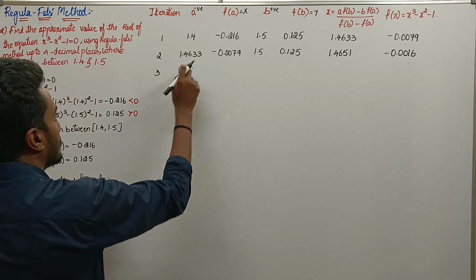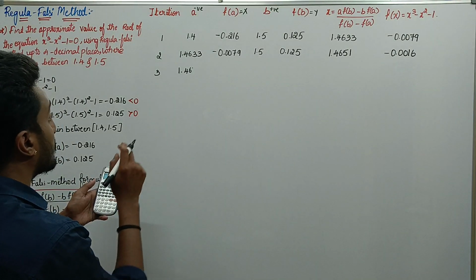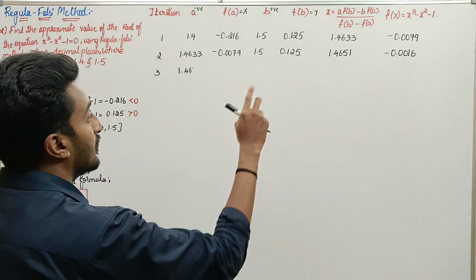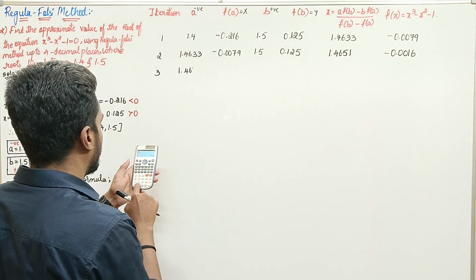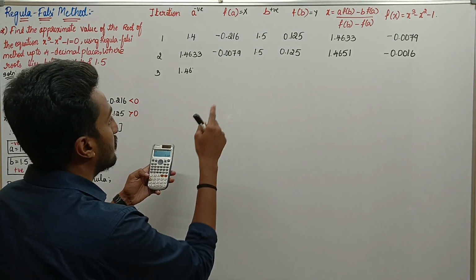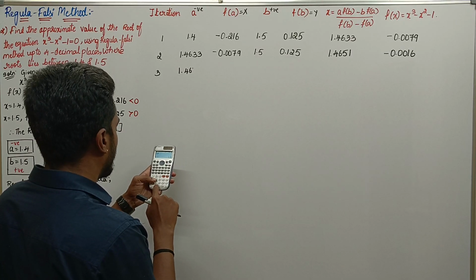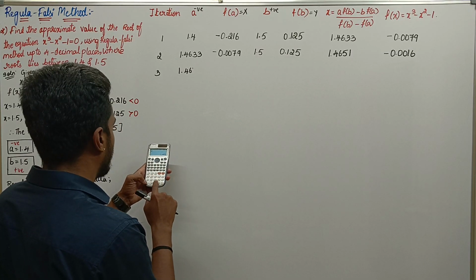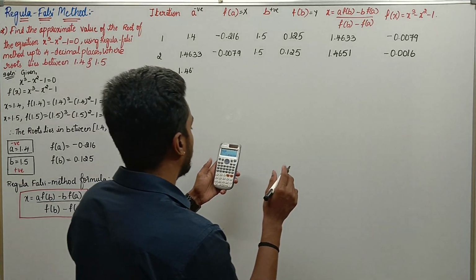Okay, let us verify since I did not write one. Calc a. If you miss one decimal value also, it will be wrong. Give again 1.4633 equals, value of y 0.125 equals, b 1.5, and x minus 0.0079. If you miss one decimal also, it will change a little bit.